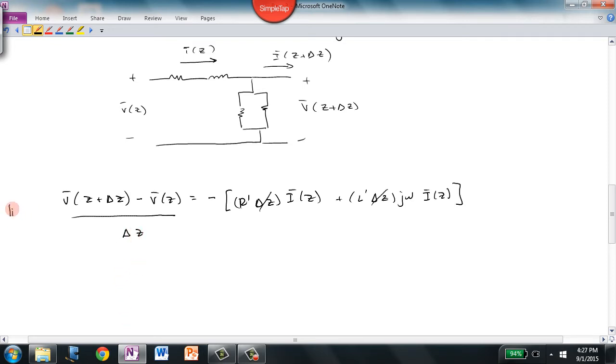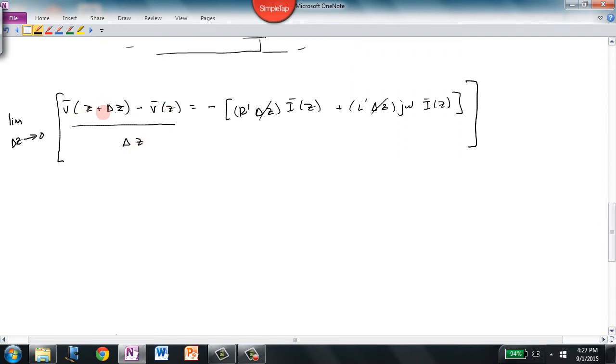If I were then to take the limit as delta Z goes to 0 of the entire equation, what you would see is that limit as delta Z approaches 0 of V of Z plus delta Z minus V of Z divided by delta Z, that's just the fundamental definition of a derivative. So I could rewrite this portion of it as the derivative of the phasor voltage. I don't have to use partials anymore since the phasors are only distance dependent. There's only one independent variable there now.